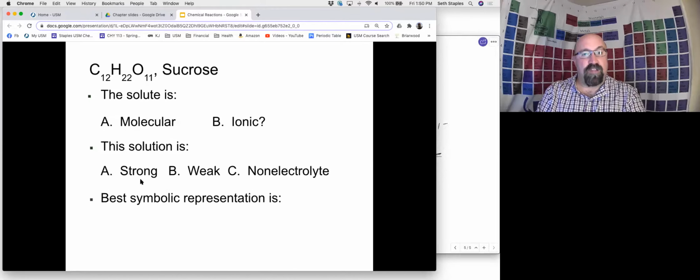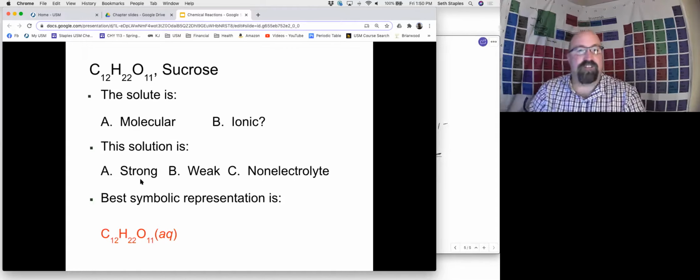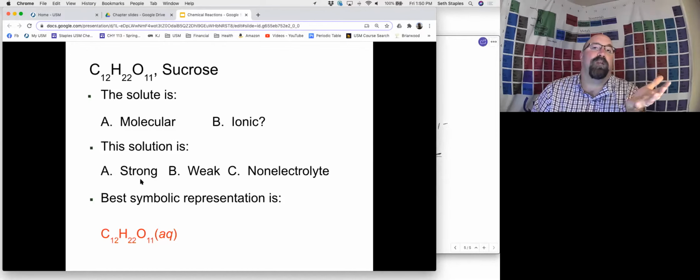Since it is a non-electrolyte, our best representation of it is just the C12H22O11 all still together. That's not going to break up into its ions. There aren't any ions in here. It's molecular, it's covalent. And so we represent that by showing all the atoms still together.